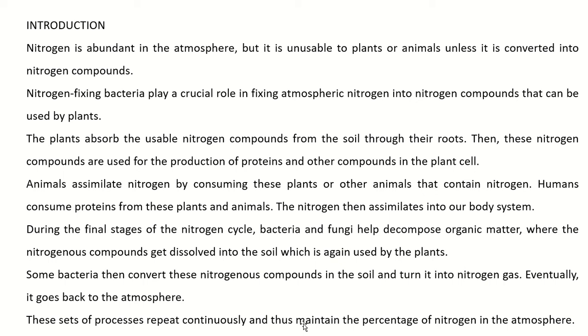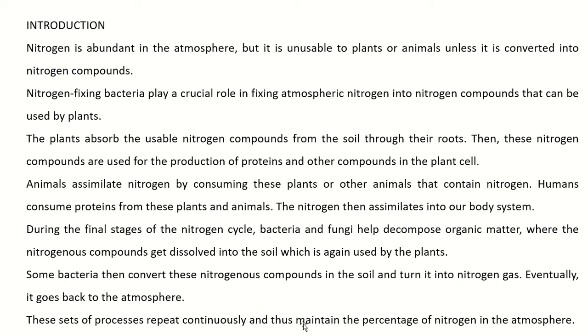Now the role of these. Remember this. I will tell you about Nitrosomonas and Nitrococcus, and where they are found. Nitrogen fixing bacteria have a crucial role in fixing atmospheric nitrogen into a nitrogenous compound which is usable or absorbed by the plant. Which bacteria those are, I will tell you later on.